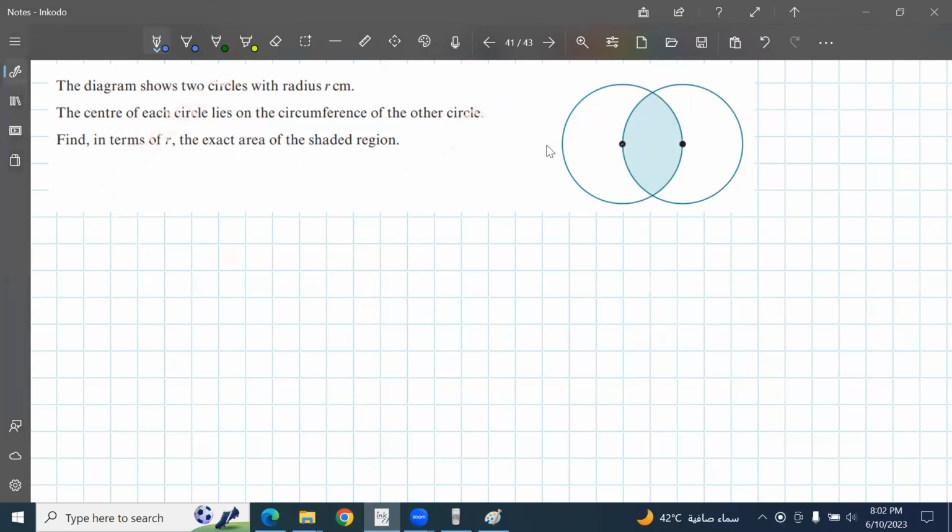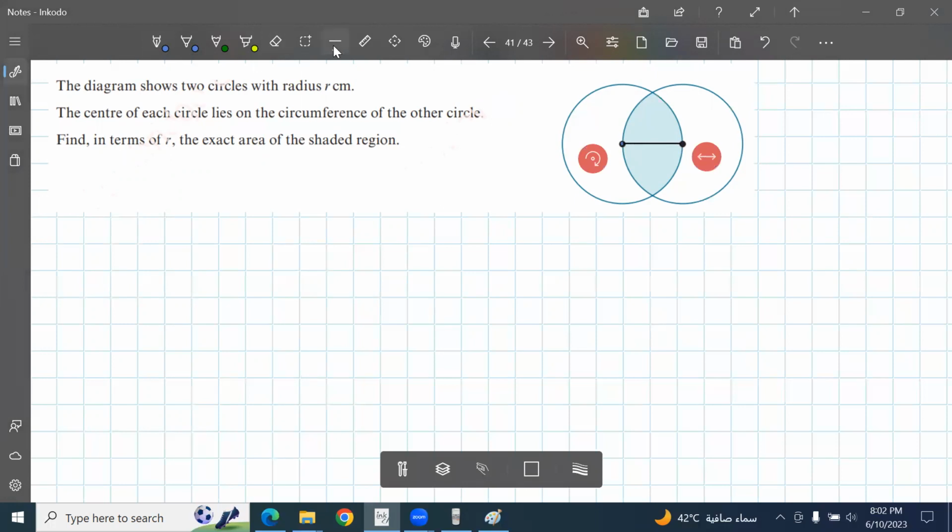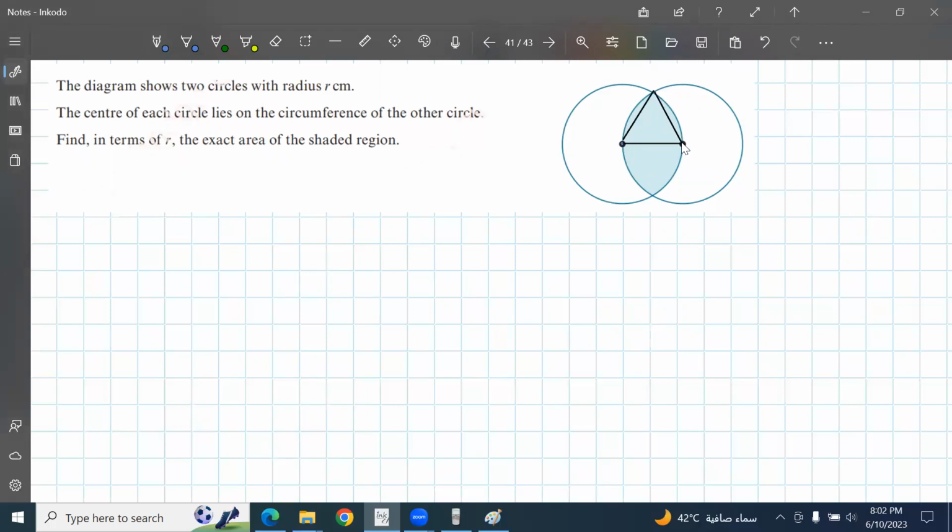Anyhow, from center to circumference is always the radius. So if you connect this point as well as this point, and one more line, this one, they all go from center to circumference, which means they all are equal.